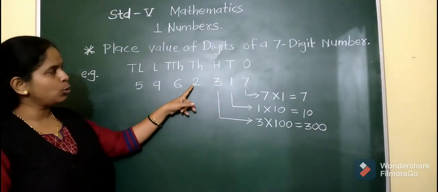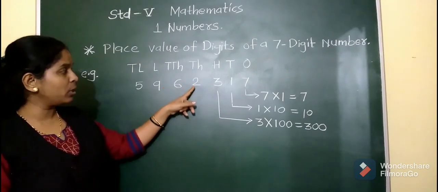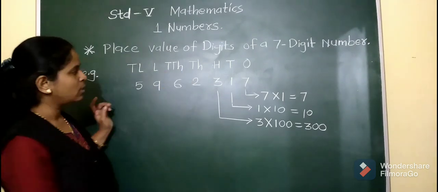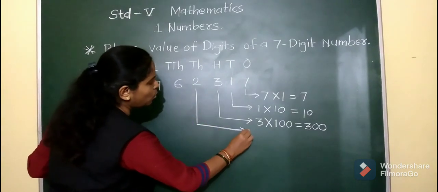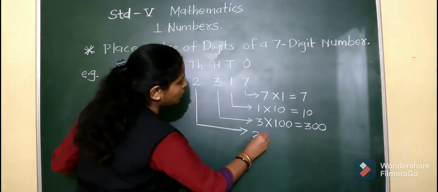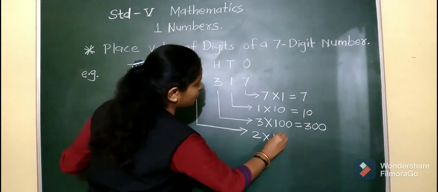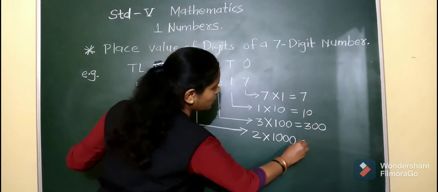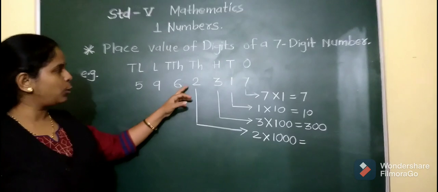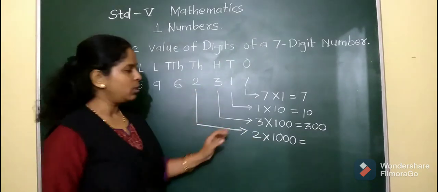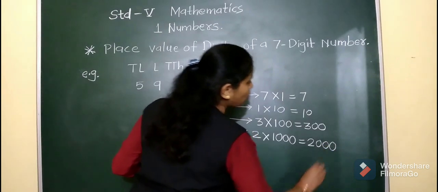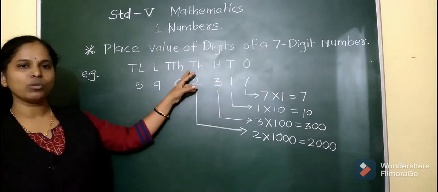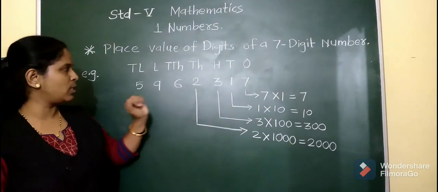Next digit is 2. 2 is at thousands place, so we multiply 2 by 1000. 2 into 1000 is 2000.